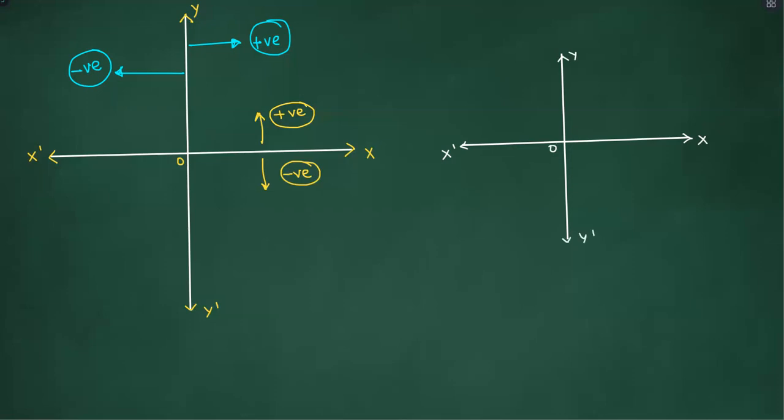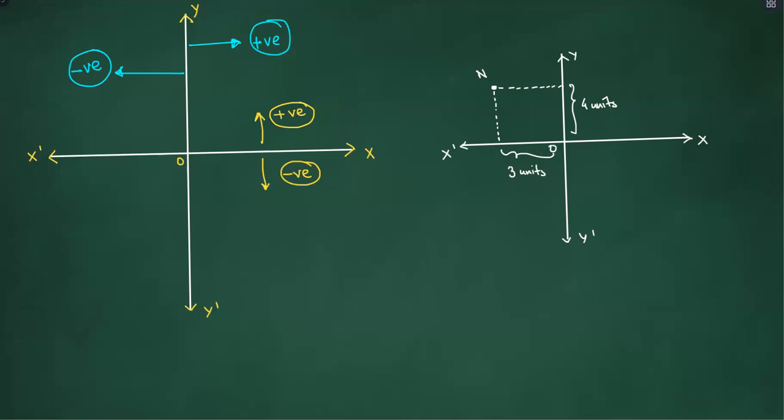Any distance, let's say there is this point over here, n. This point n is, let's say, 3 units to the left of O, and it is 4 units above O.